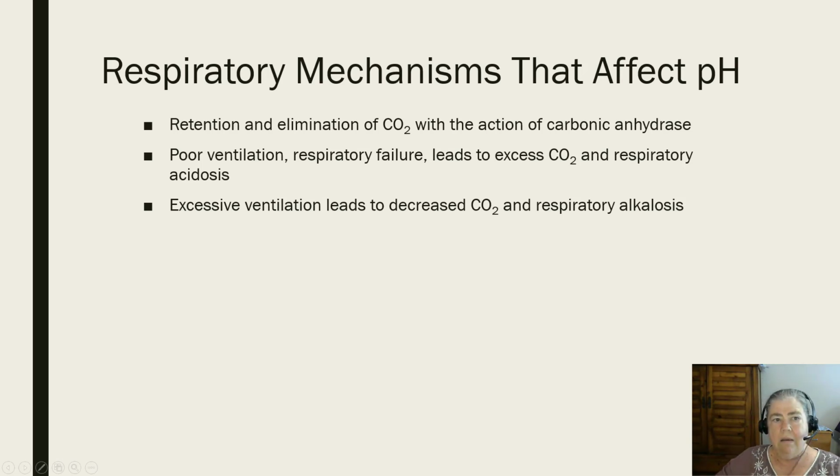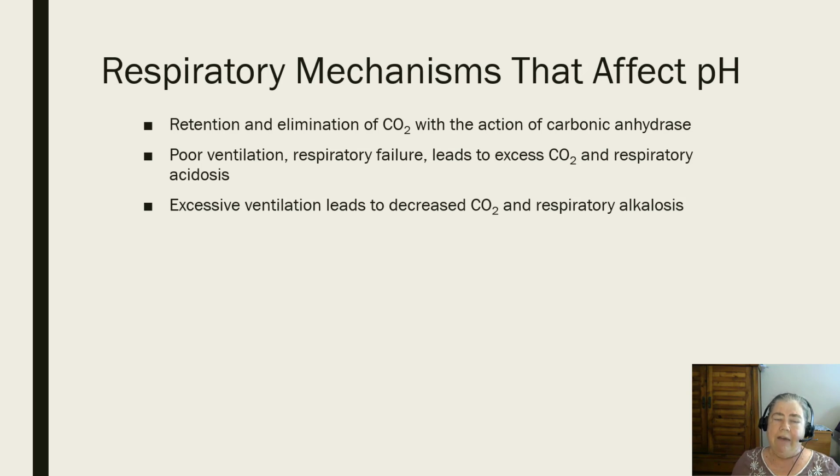So I was talking about different ways that the respiratory system can affect pH. And we discussed these during your pulmonary module, that when we retain CO2, that can, with the action of carbonic anhydrase, create hydrogen ions, increasing hydrogen ion concentration and decreasing pH.